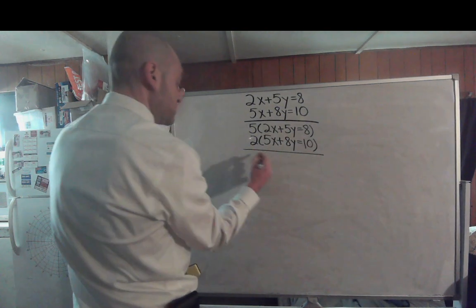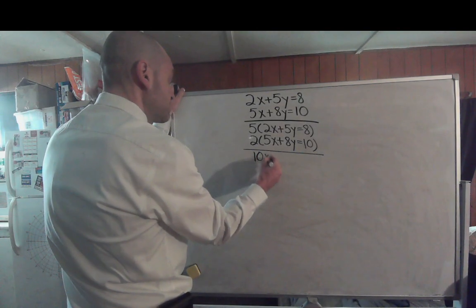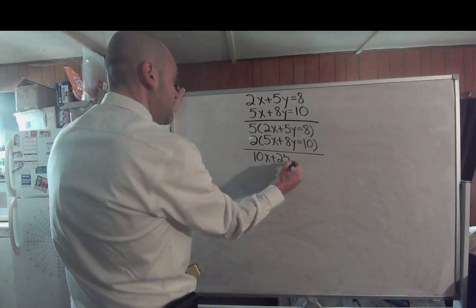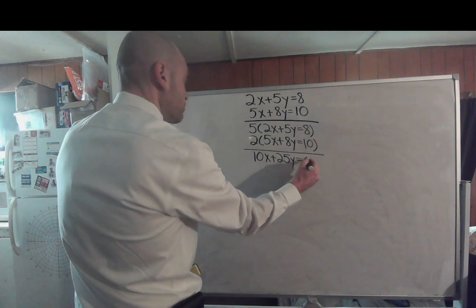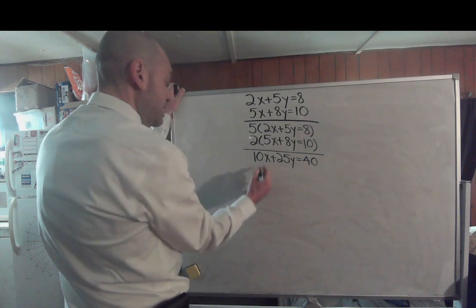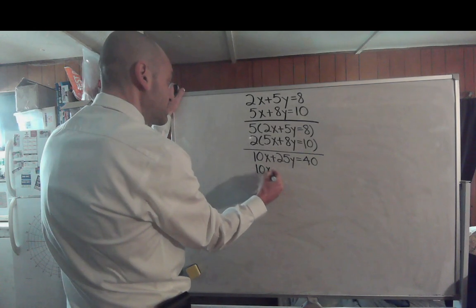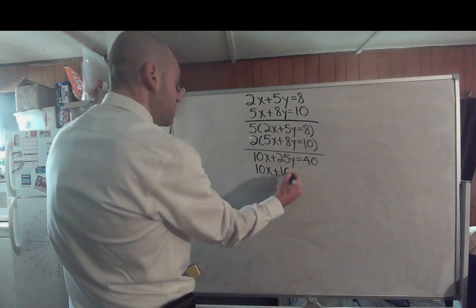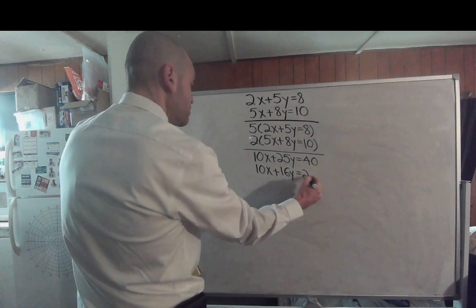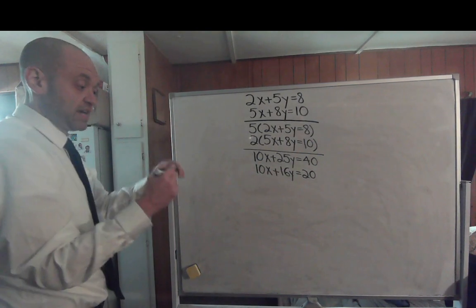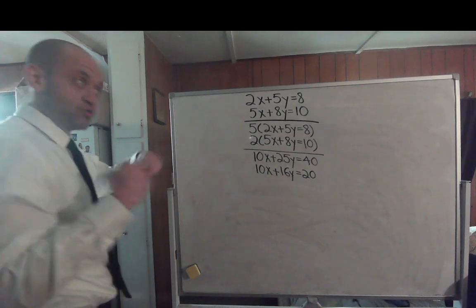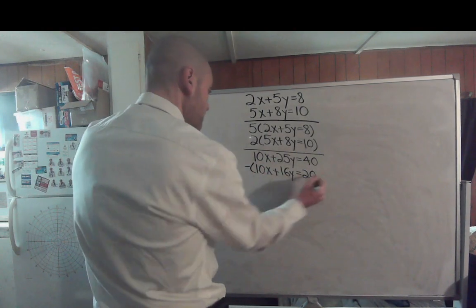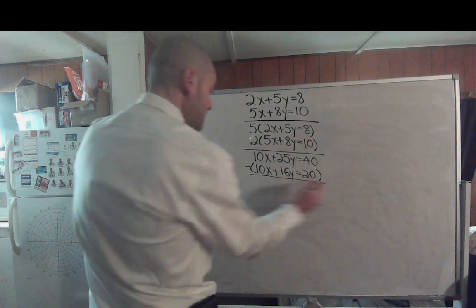This is all about to turn into 10x plus 25y is equal to 40. And then 10x plus 16y equals 20. Now you have the same coefficient on x, you can just subtract the second equation from the first. So the x's will be gone.